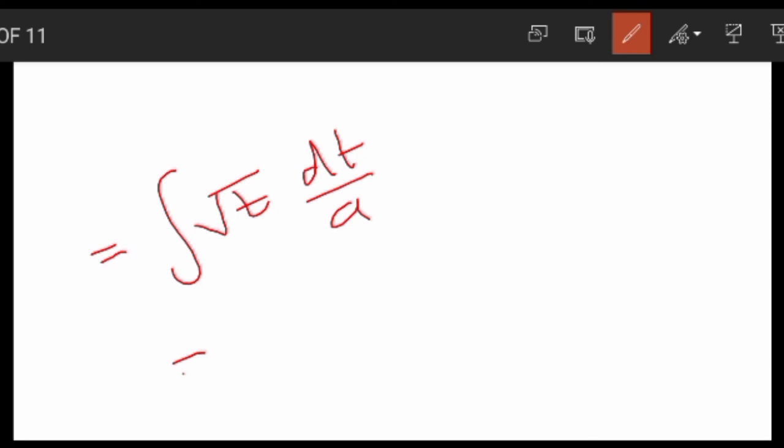Since 1 by a is a constant, we write 1 by a outside the integration sign, that is 1 by a integration root over t into dt.